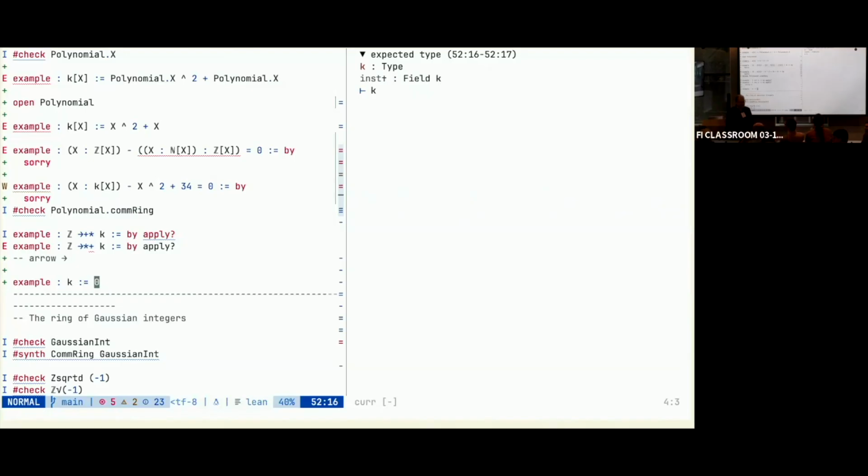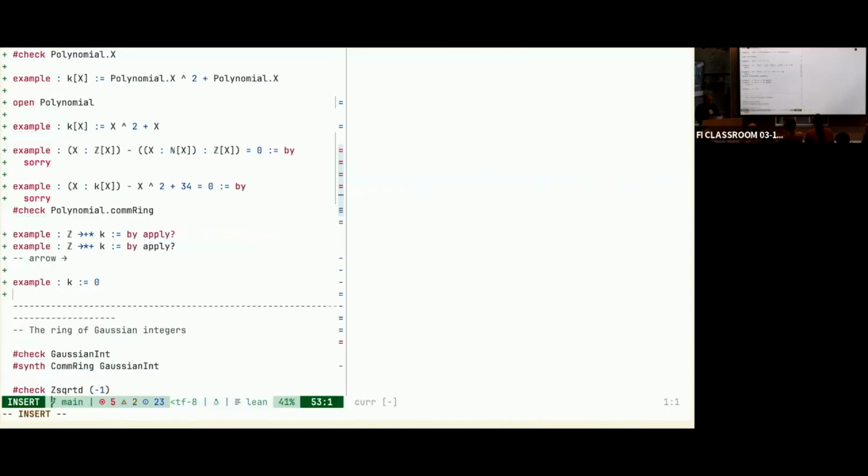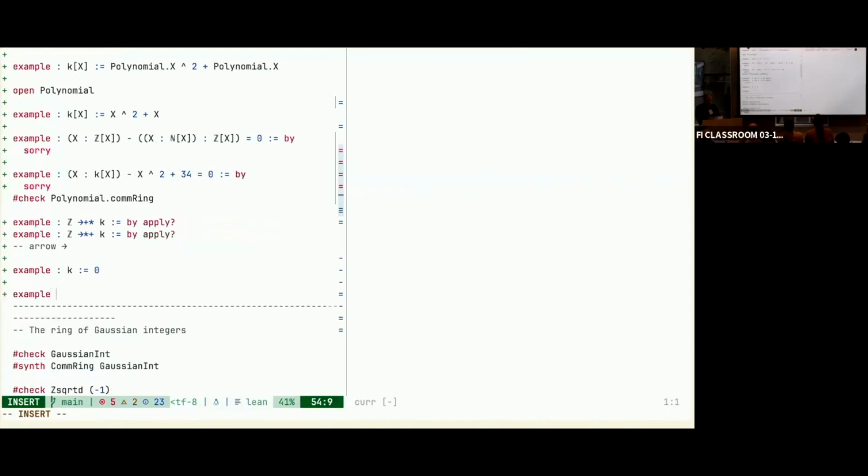Let me try to answer this a different way. When you define this variable K, K has the same status as the K inside a theorem that begins let K be a field, but somehow you've put it in the scope so that it applies to this. Okay, so can you click through the definition of field?